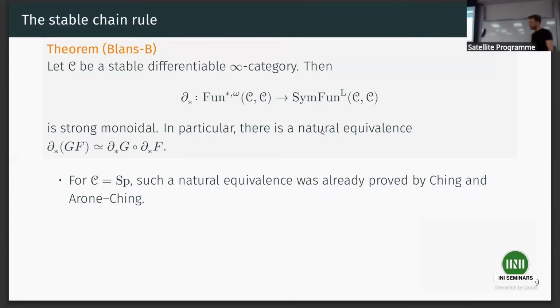So let me say something about the history. If C is the category of spectra, then this was already proved by Michael Ching, or at least the equivalence here was proved. The fact that this is strong monoidal is hard to deduce, because it really relied on a certain model, and model categories don't interact well with functor composition usually.